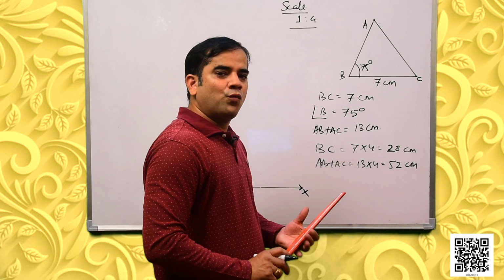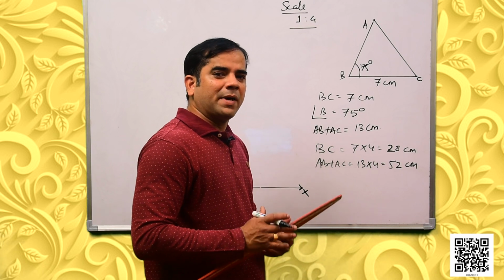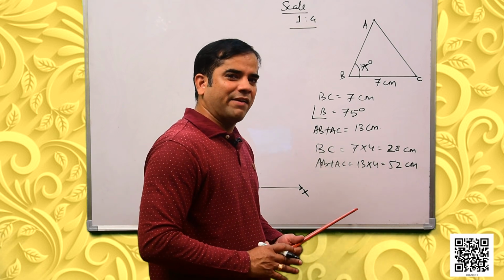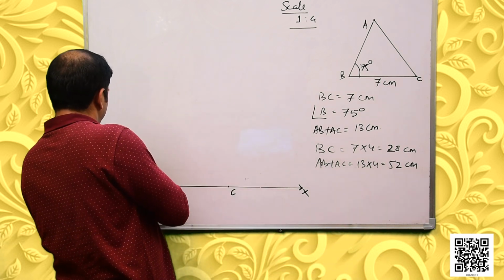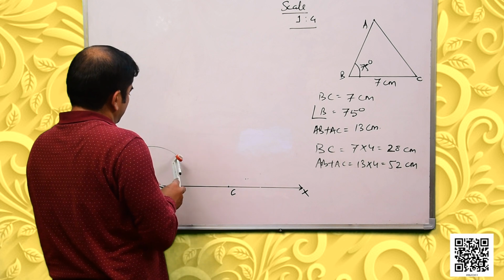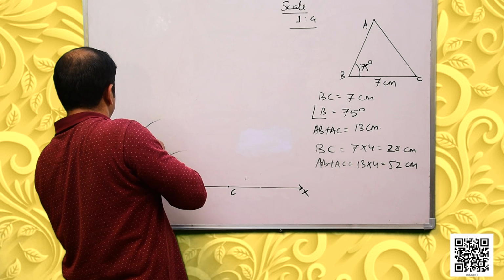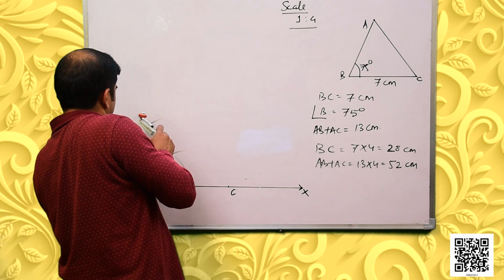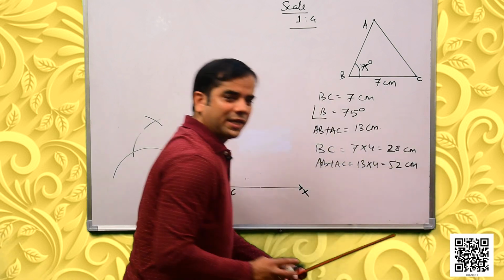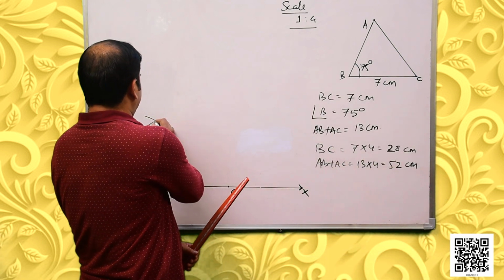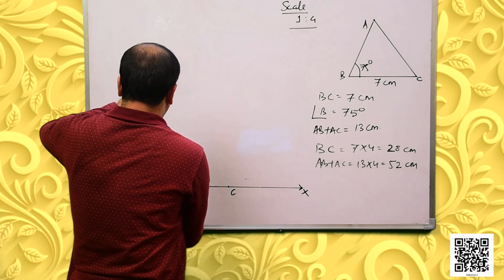In the next step, we need to construct 75 degrees. Hope you remember the procedure to construct 75 degrees. So, students, we have got the point of intersection for 90 degrees. Let us now join B with this point.